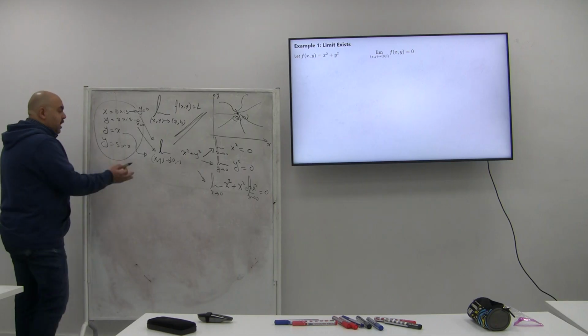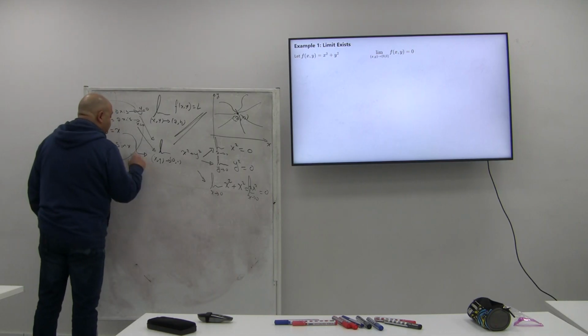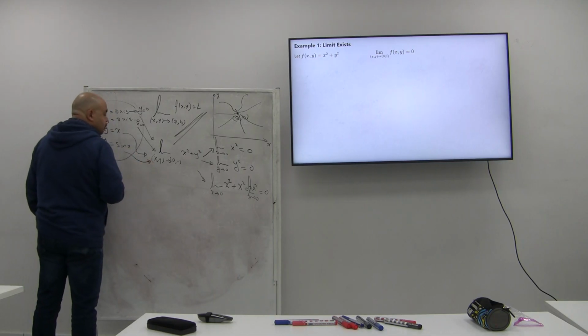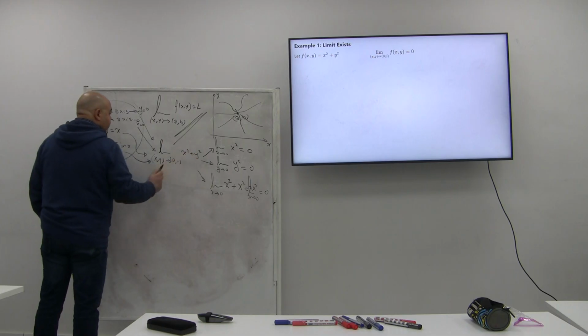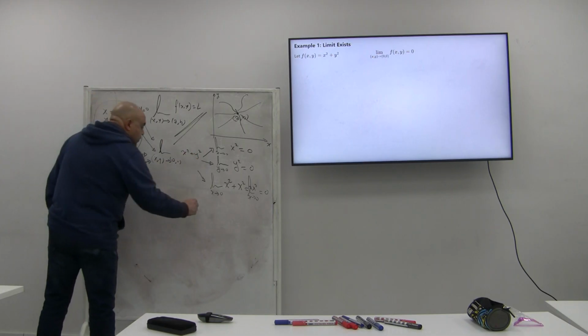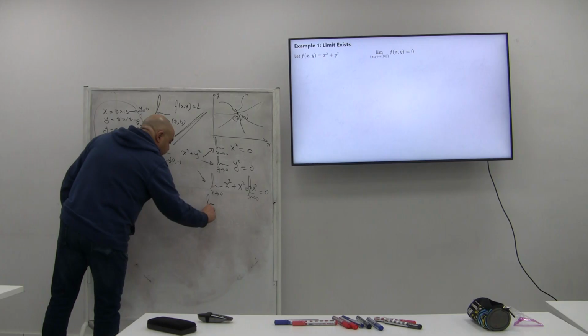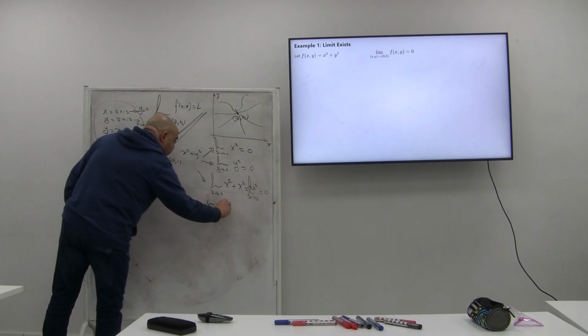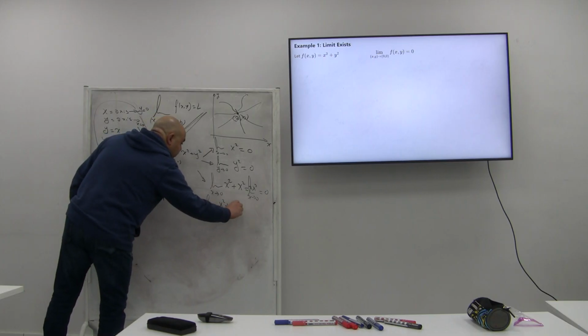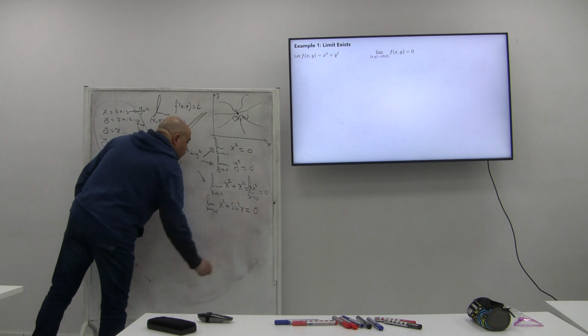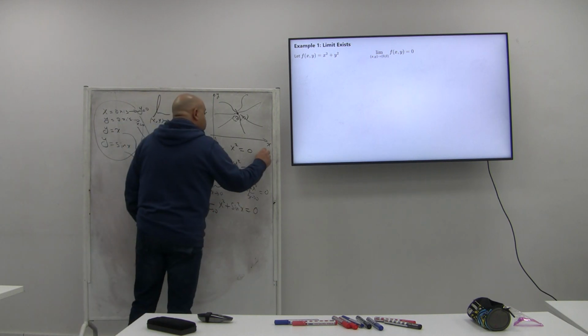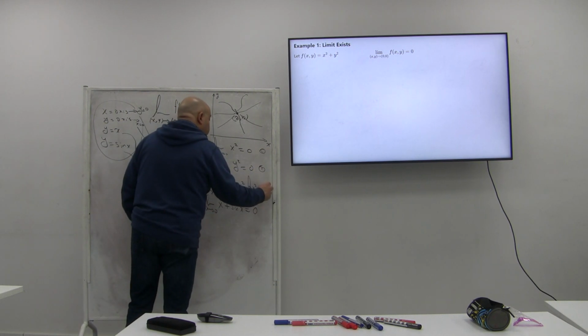Even if you use y equal to sine x, making this substitution, replacing y by sine x, you will get the limit as x tends to 0 of x squared plus sine squared of x, and the result will be 0. As you can see, these are curves number 1, 2, 3, 4.